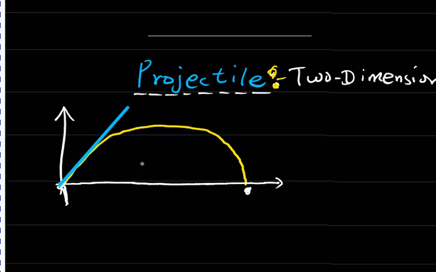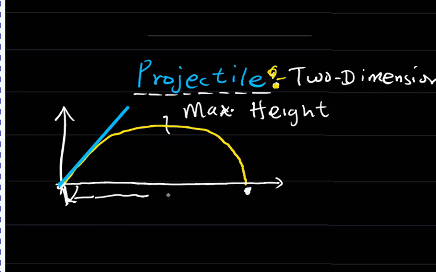At this point, the object reaches the maximum height. This is the maximum height. So from the point of projection, it reaches the maximum height. Then from the maximum height, it follows the same parabolic path to the ground level. The horizontal distance from the point of projection to the point it returns back to the ground is known as the range.